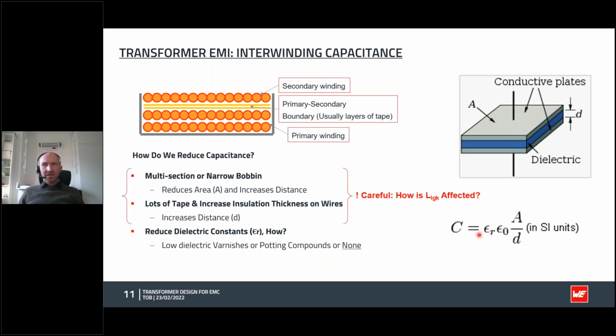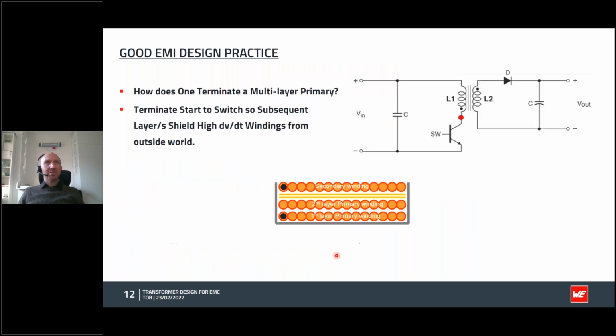Air has a dielectric constant close to 1, or just over that of a vacuum, and so that's the lowest we can basically get outside a vacuum. So if we don't use any potting material or varnish, then we have the best case for our capacitance. And the beauty of that is it does not increase the leakage as well. So it's a nice way to reduce that capacitance.